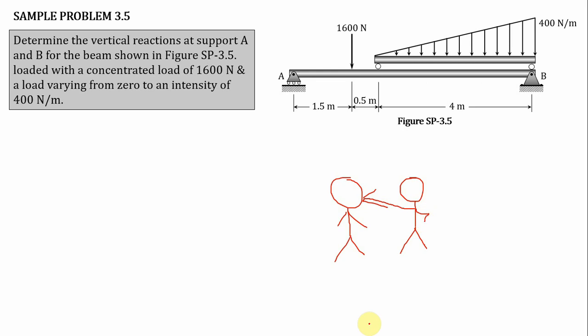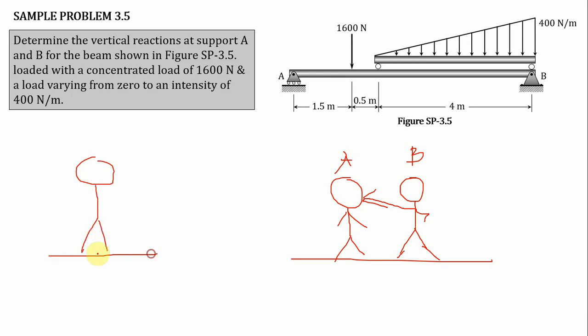So therefore, class, if we draw the free body, ito yung person A at person B. Kapag i-free body diagram natin yung person B, ito yung free body diagram niya. Nag-apply siya ng load, that's why may P siya dyan.